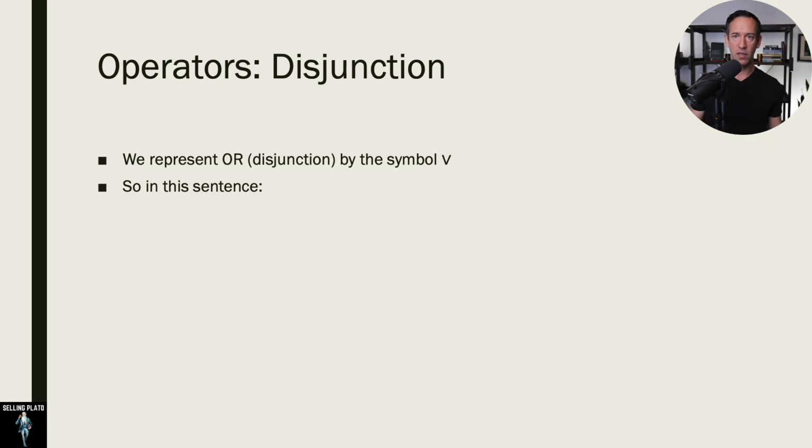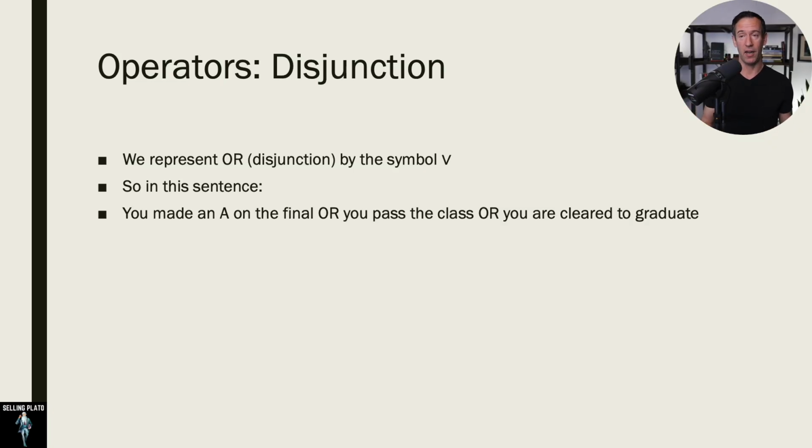So in the following sentence, which should be familiar by now, here's the big sentence. You made an A on the final, one atomic sentence, or operator, disjunction. You passed the class, atomic sentence, or another operator. You are cleared to graduate, atomic sentence. And remember that all those parts, we call them disjuncts.